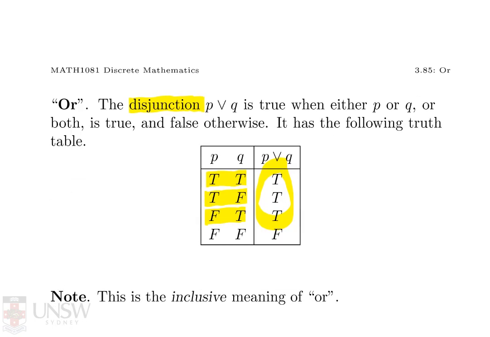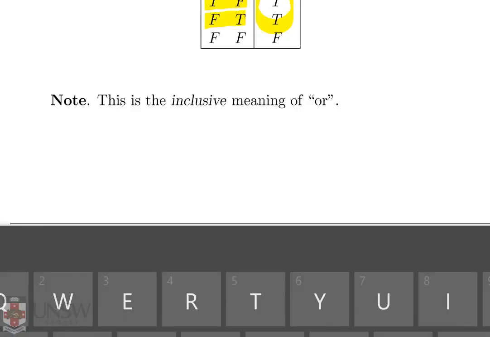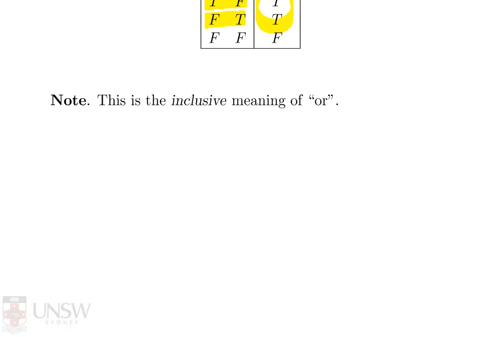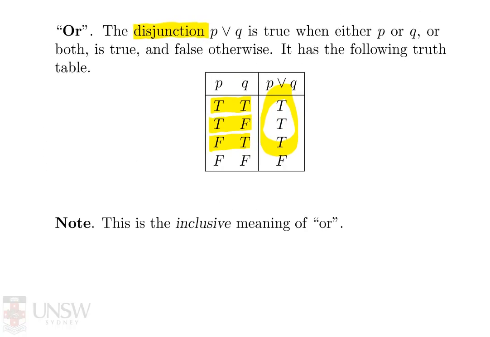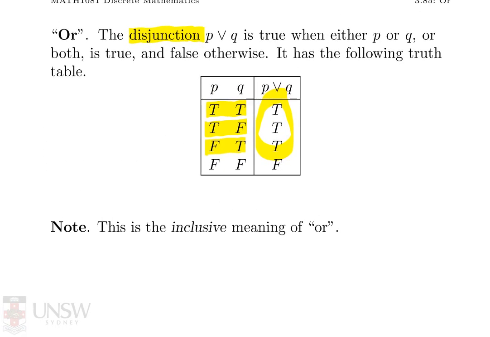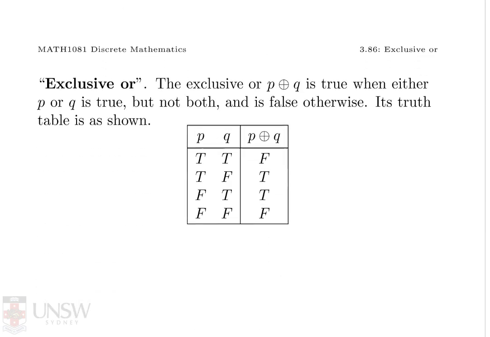And I hope you can see that this is the inclusive meaning of or. In other words, P or Q, to put it perhaps in more detail, means P is true or Q is true or both. Inclusive or. We can do an exclusive or. We won't have much use for it, but we can do it.